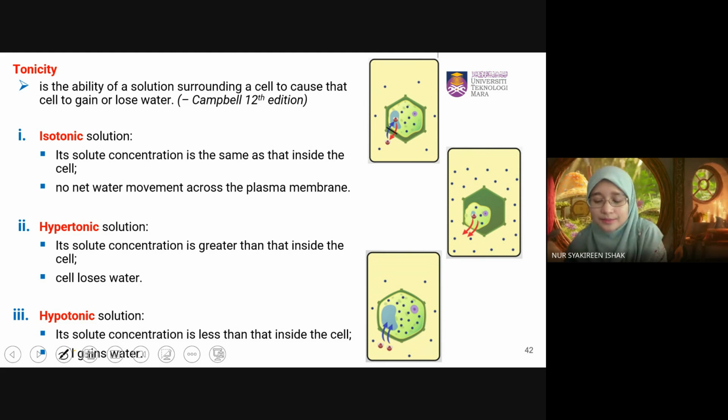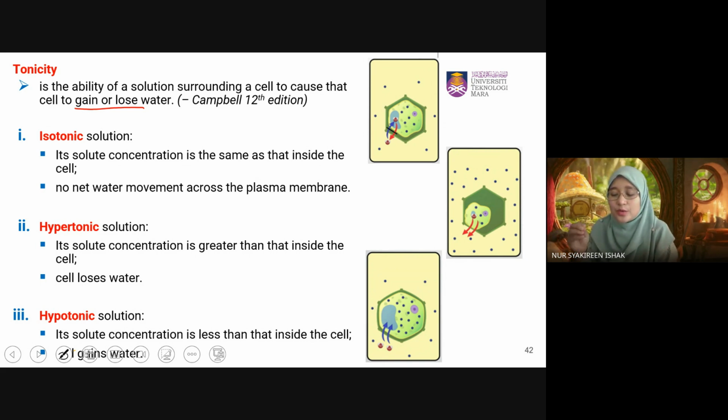Okay, so tonicity is the ability of a solution surrounding a cell to cause that cell to gain or lose water. This is the definition from Campbell, a reference book by Campbell. We have three different types of solution: isotonic, hypertonic, and hypotonic. In an isotonic solution, the solute concentration is the same as that inside of the cell.